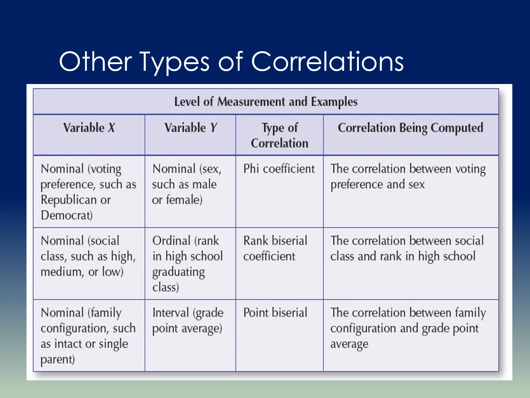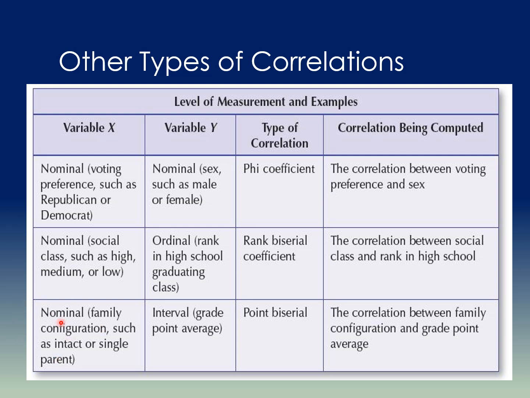This table is from Salkind, and so we have examples here of different types of correlations and their names. Right, so if the variable x is nominal and the variable y is also nominal, so nominal and nominal, I can use something called a phi coefficient. Okay, if I want to do a correlation between a nominal variable and an ordinal variable, I can use something called a rank biserial coefficient.